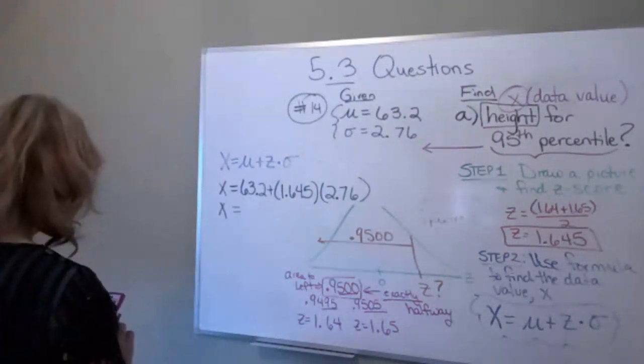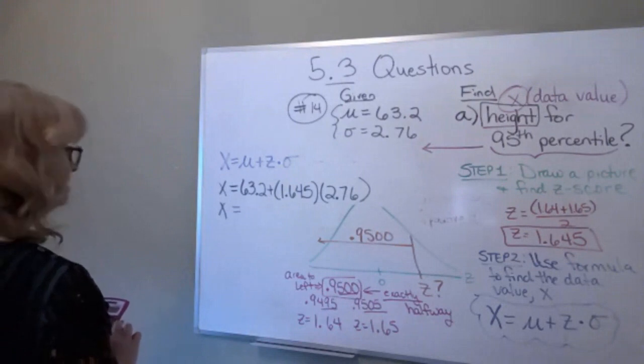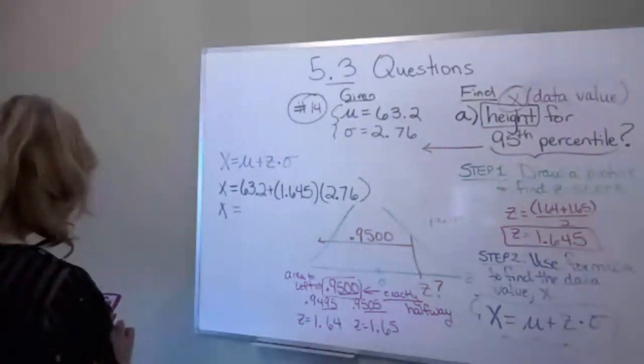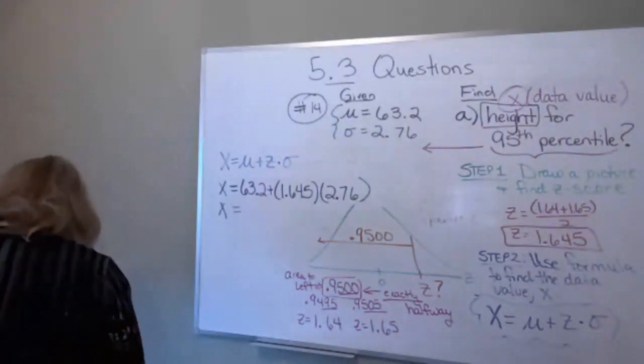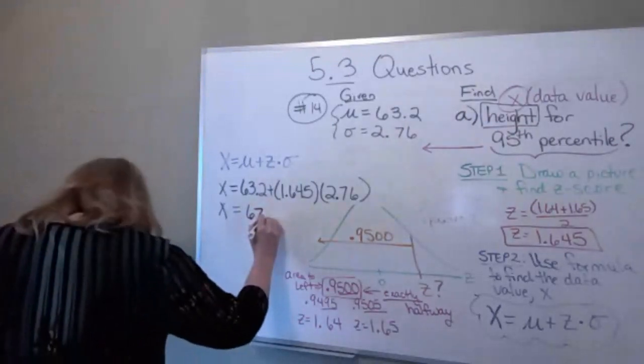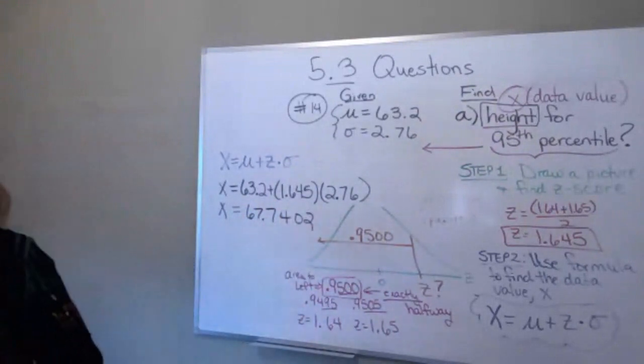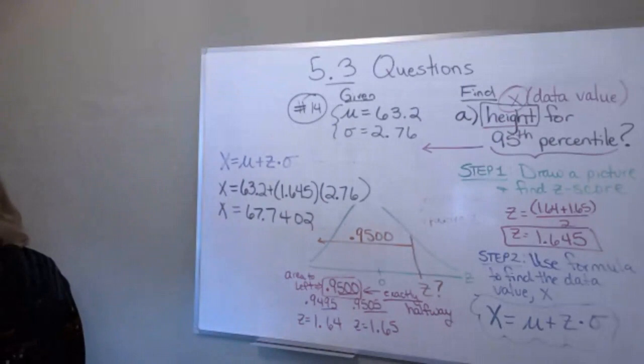So I'm doing 63.2 plus 1.645 times 2.76. And what that gave me was 67.7402. I'm going to look and see. I don't know what it told me to round to because I got kicked out of everything here.